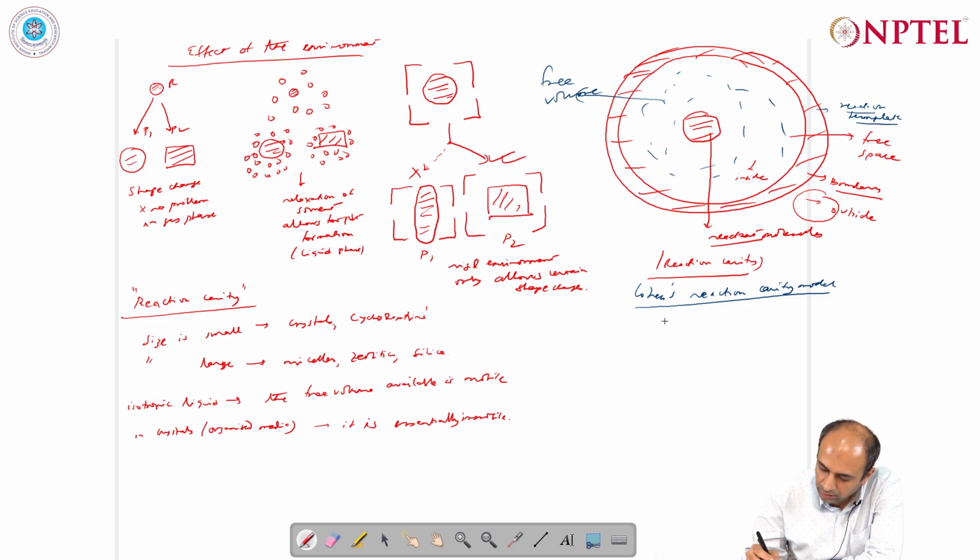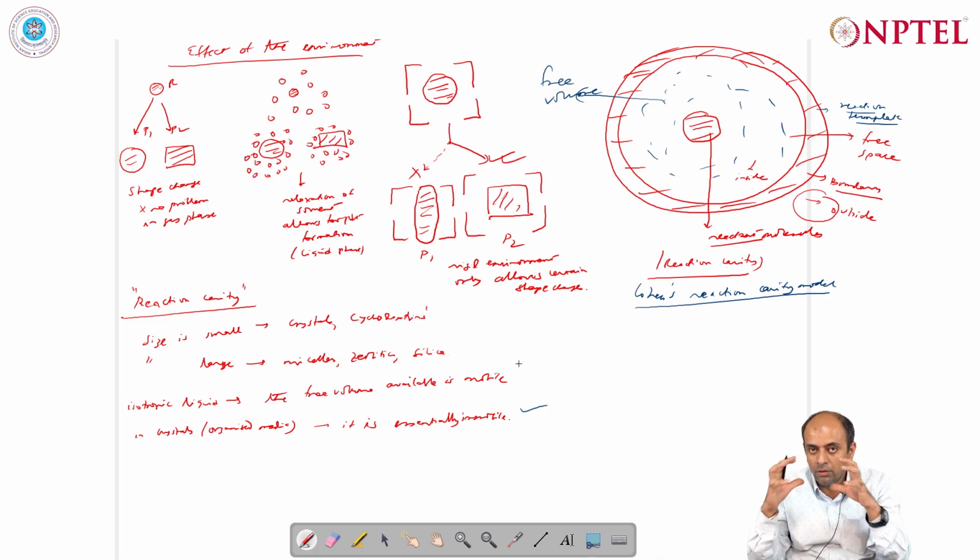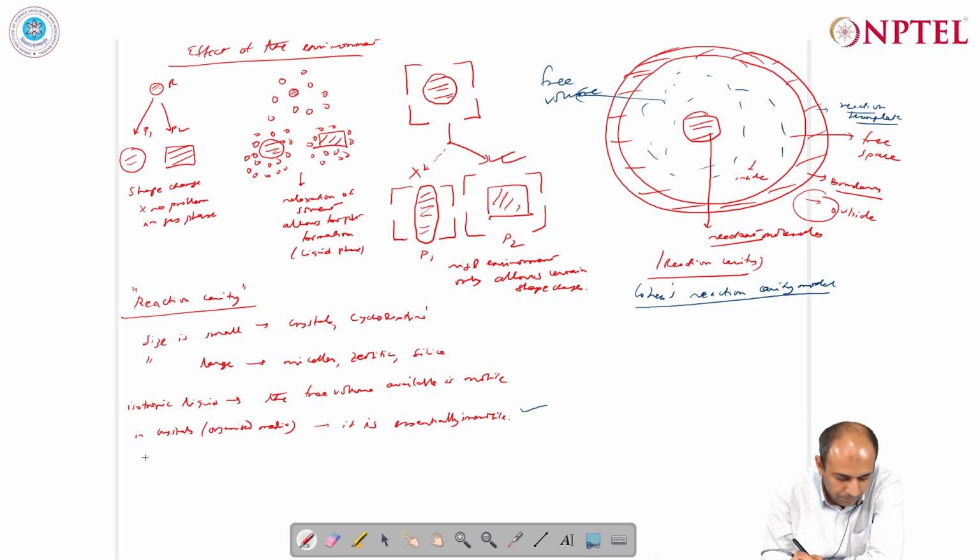So in crystals, we see that the free volume is essentially immobile, whereas in isotropic liquids it is mobile. So basically in crystals, the template is a very rigid and organized phase.